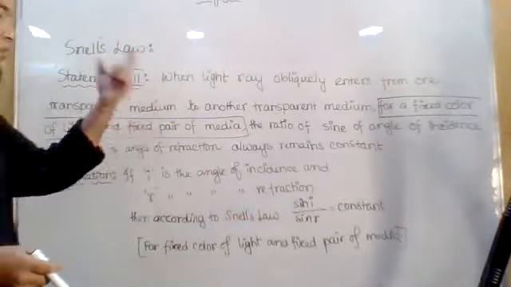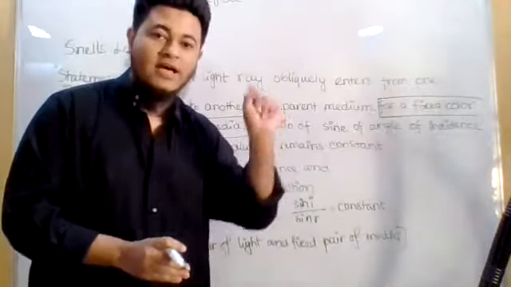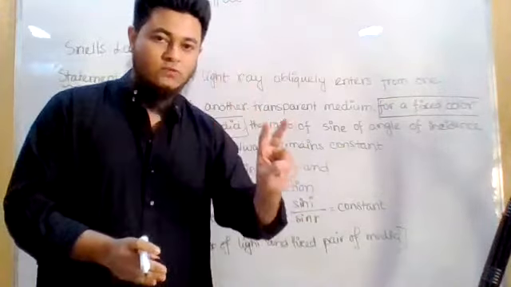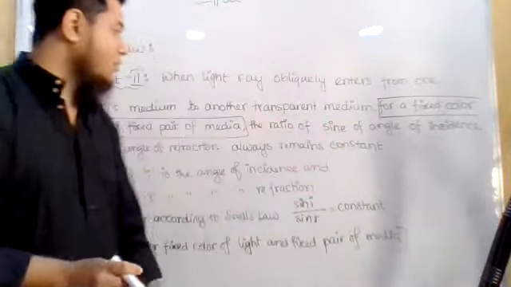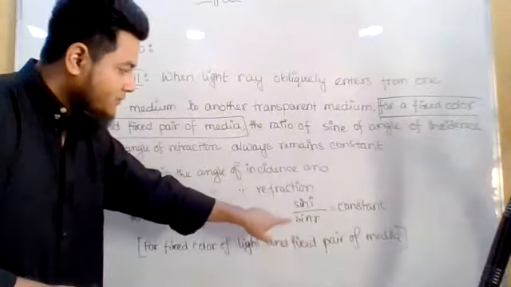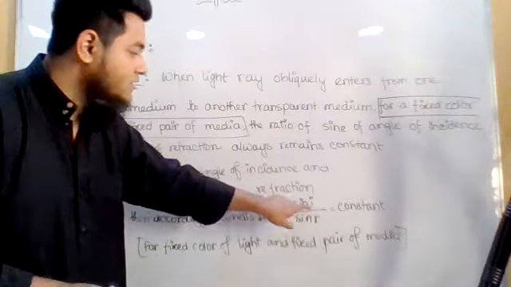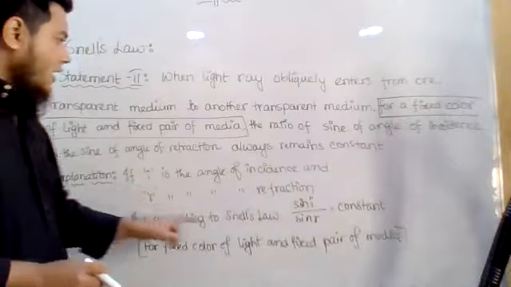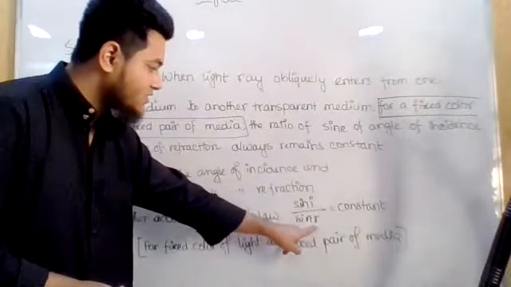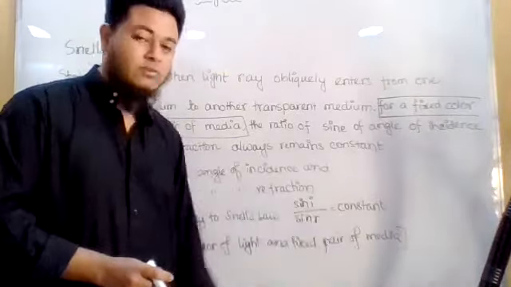This is the condition. If you keep the two media fixed and you keep the color of the light that is passing fixed, if it is red, then red. If you keep these two fixed, then we are going to see that the ratio of the sine of the angle of incidence, sine theta, we are already familiar with, so sine of the angle of incidence, that is sine i, to the sine of the angle of refraction, that is sine r, is always going to remain constant.